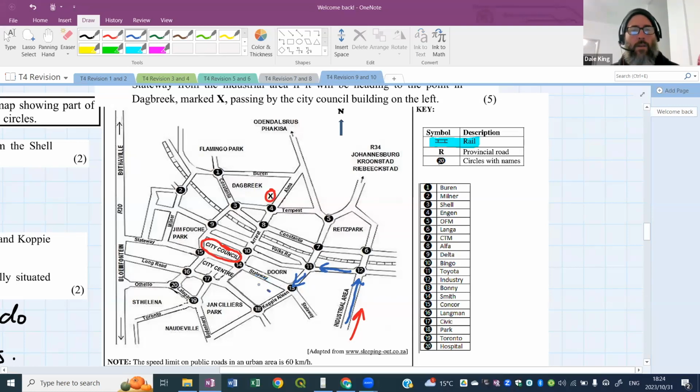Stateway Road, and then you're going to turn right on Arrett Road, and so you get to the X.